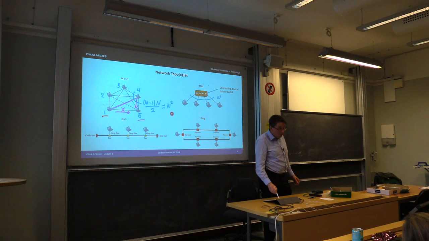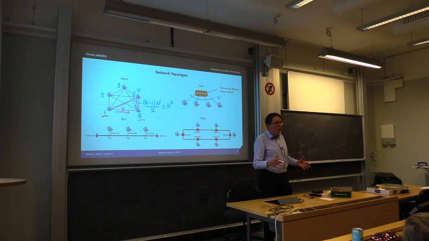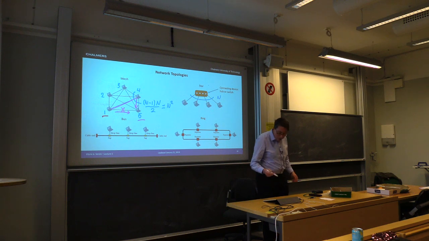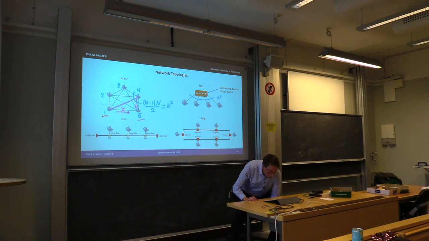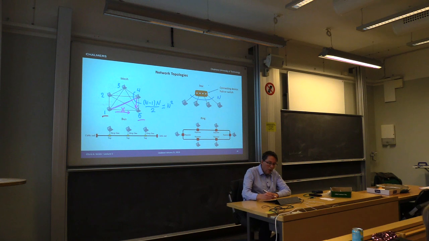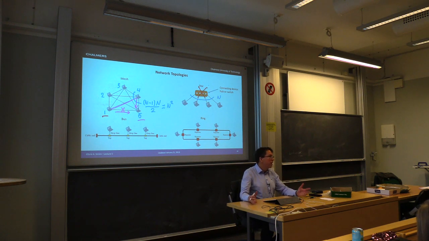Expensive, robust, cheap, and not so robust, right? And why is that? Well, it's because if there is a power outage here, nothing can happen, right? So we have a single point of failure in this network.